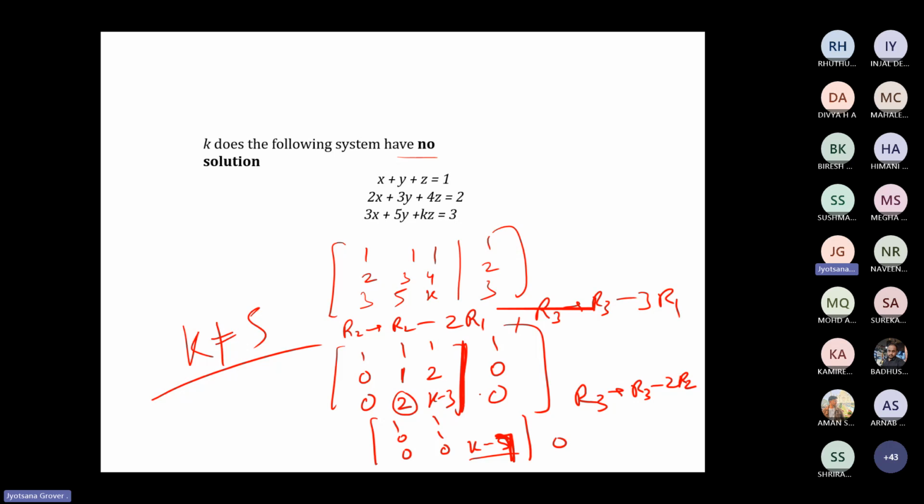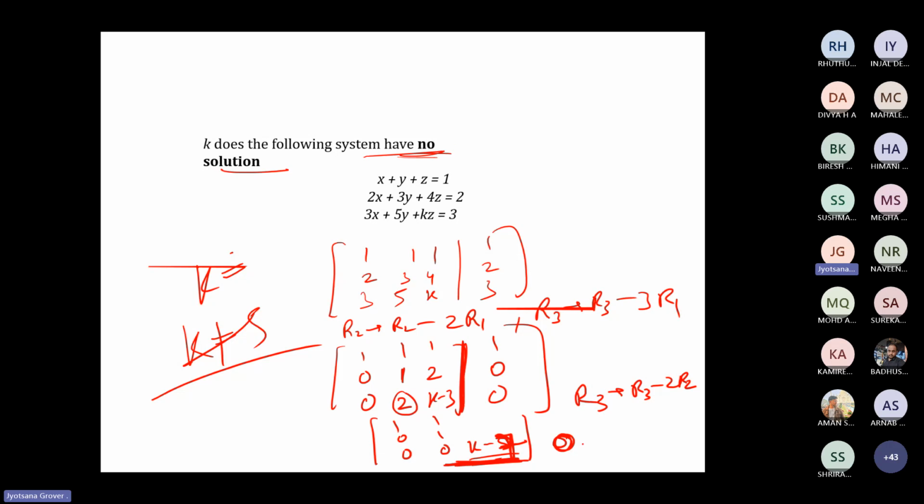K minus 3 minus. Now here we're getting 0, so here you should get non-zero now. Not necessary, it is the fourth column.